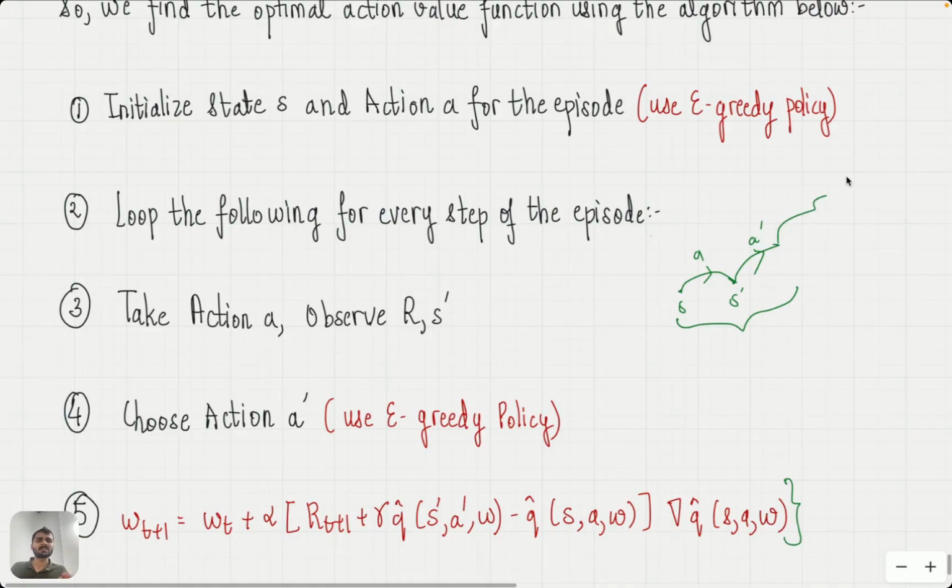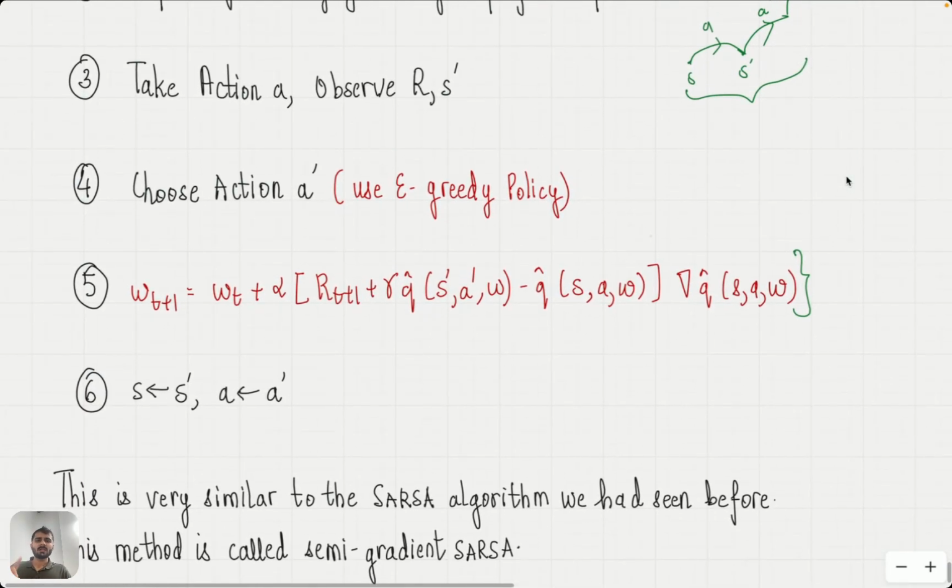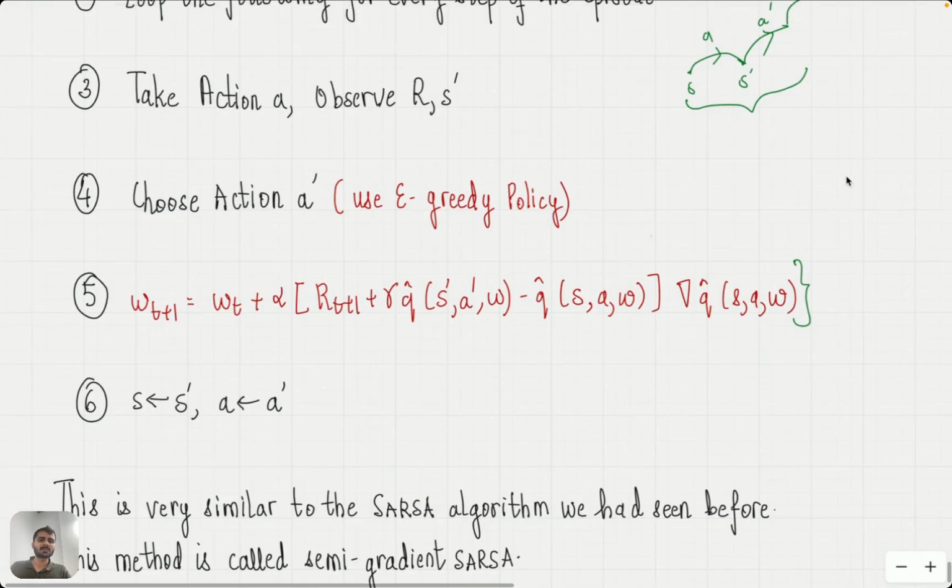So iteratively, as I'm interacting with the environment, my weights are getting updated. As my weights are getting updated, my approximate action value function is getting updated, which is updating my decisions for every state, because I'm using the epsilon greedy policy. This is exactly how the SARSA algorithm worked when we saw the temporal difference methods.